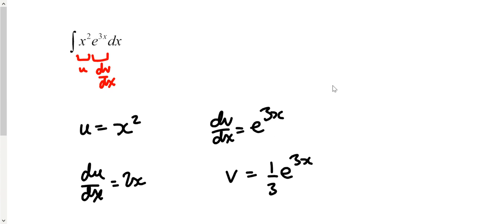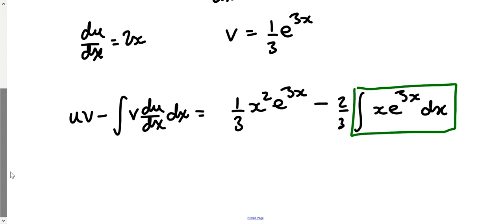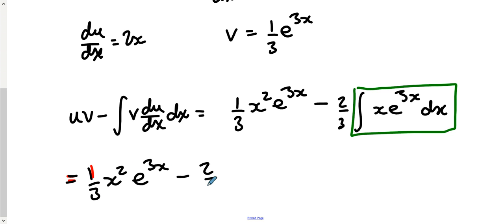over here. So we'll go back down, and I'll start over here because it's quite a long calculation. So we've got 1/3 x squared e to the 3x minus 2/3 of, and then this, which we've already done.